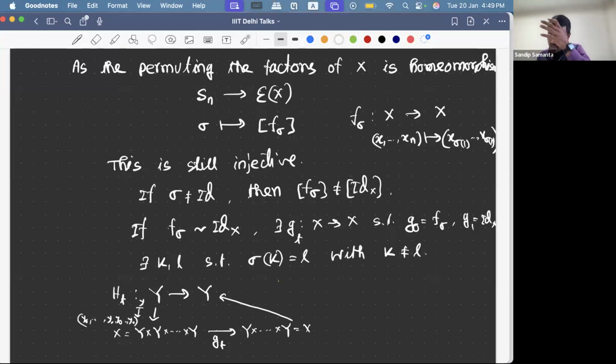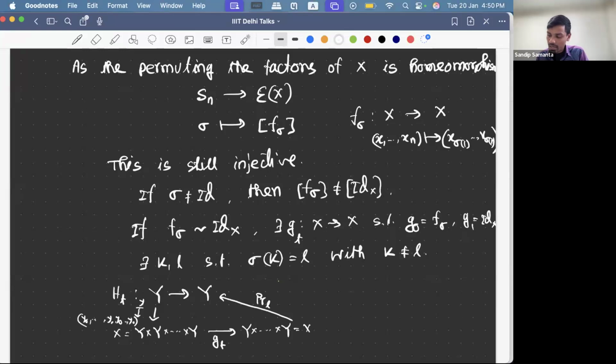Then under the GT map at the 0th level, the permutation sigma sends the kth place to the lth place. So it goes to the lth place, and then I can project onto the lth coordinate.